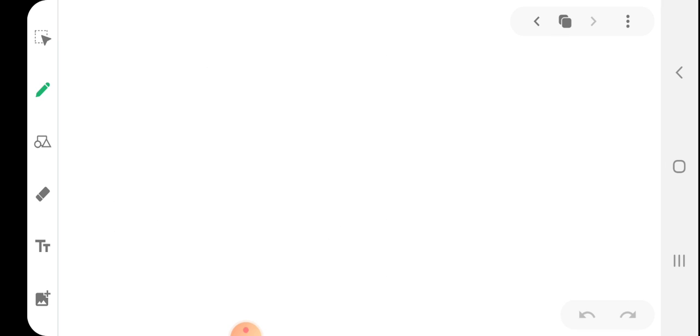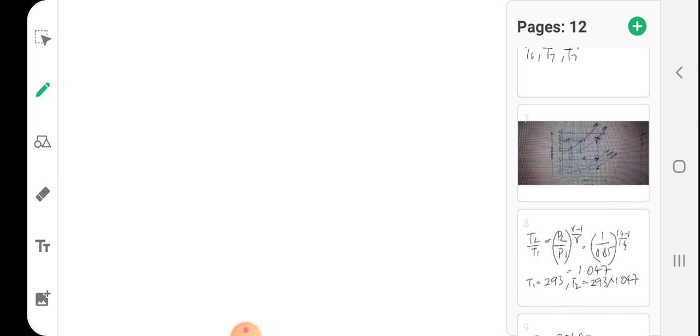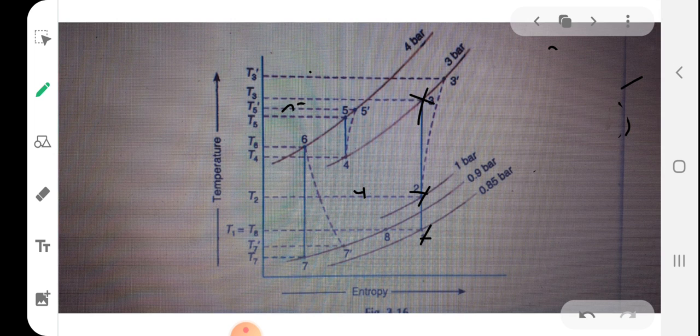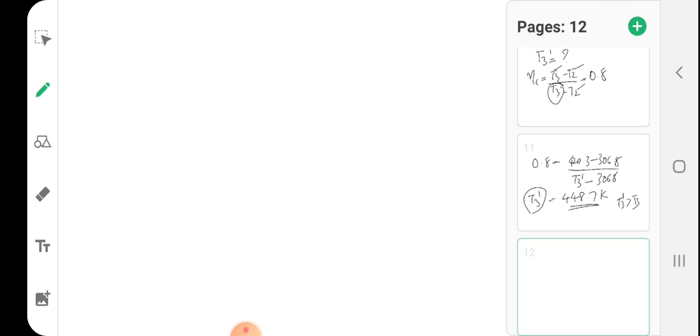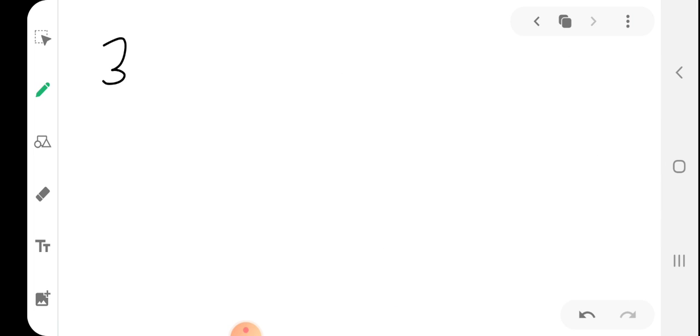Now, what will you do? Now you have got T3. So 1 is over, 2 is over, 3 is over, 3 dash is also over. Now you have to find 4. So how to find 4? From 3 dash to 4, cooling takes place, right?